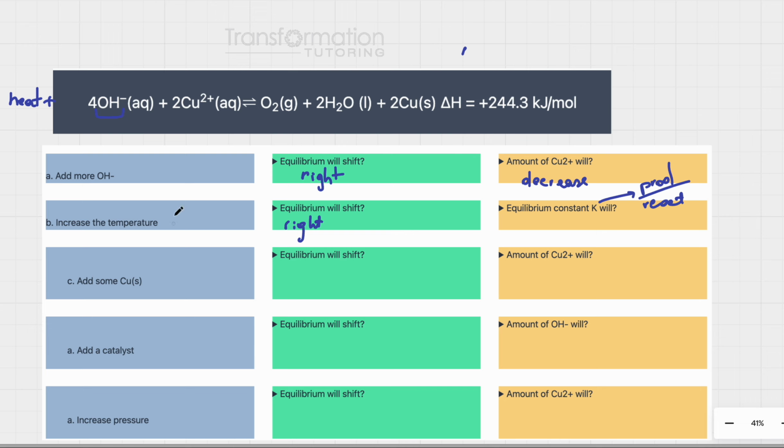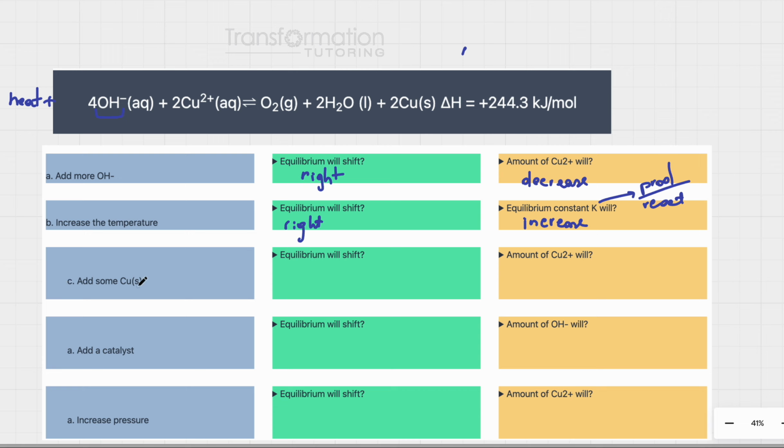But here there is a change in temperature, so equilibrium constant will be affected as well. Since equilibrium is shifting to the right, we are going to make more products, less reactants. Products are on top in the numerator. So what will happen to equilibrium constant? It will increase. It will go up because we're making more products.